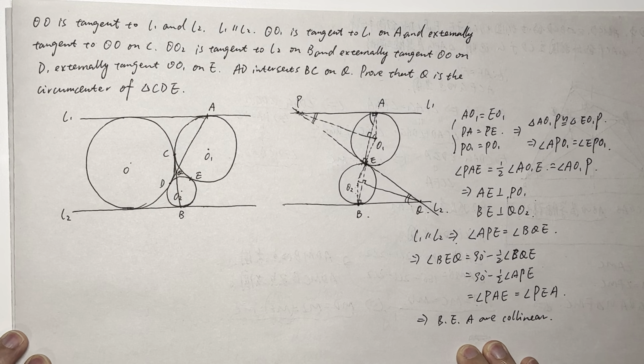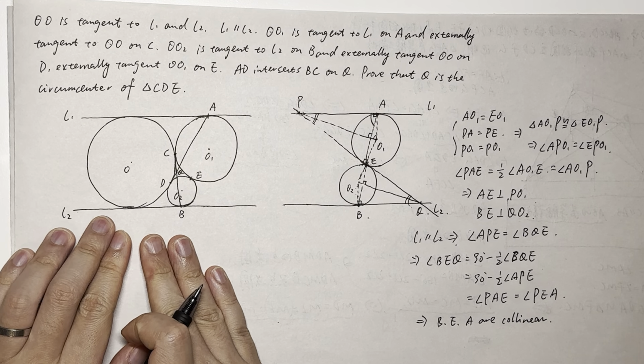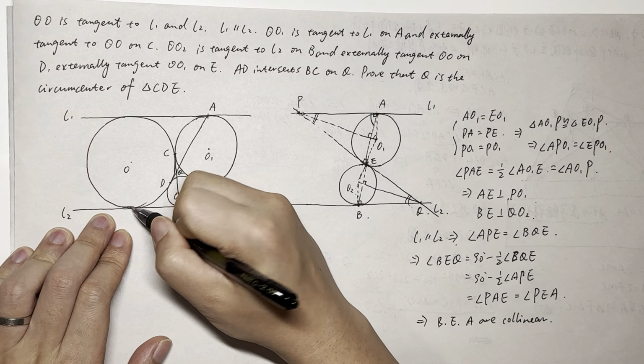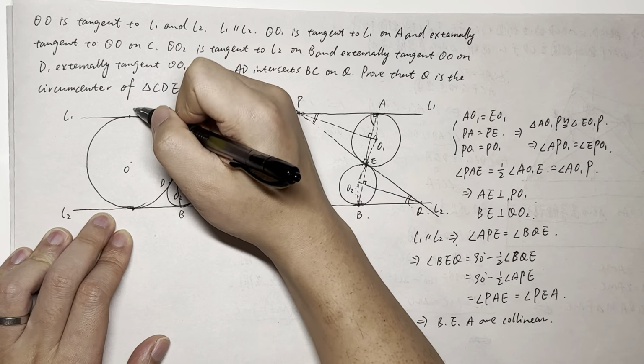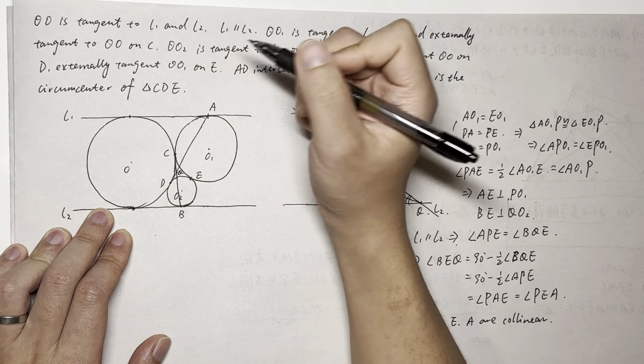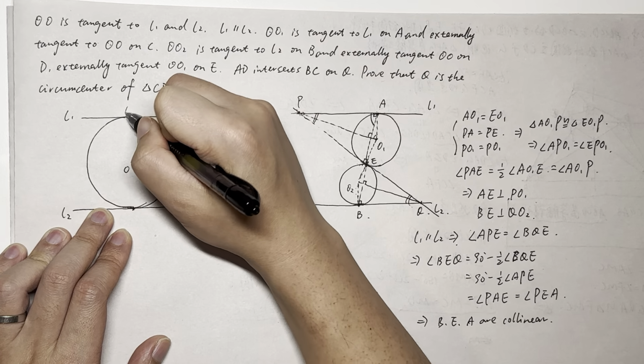Based on this, now we look at this figure. Let's name the tangent points M and N here.